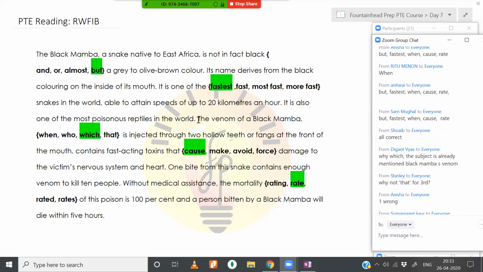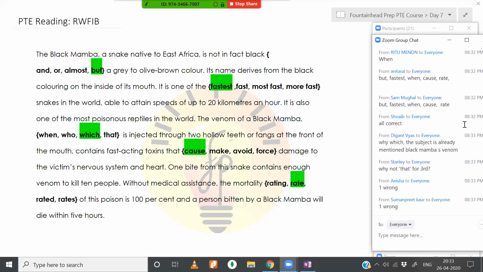Okay, so now this is a standard common mistake: which versus that. There is a very simple rule that you can keep in mind to differentiate between which versus that. The venom of a black mamba, which is injected through two hollow teeth or fangs at the front of the mouth, contains fast-acting toxins. Can you see a pause after this?